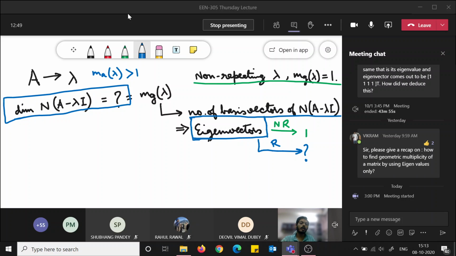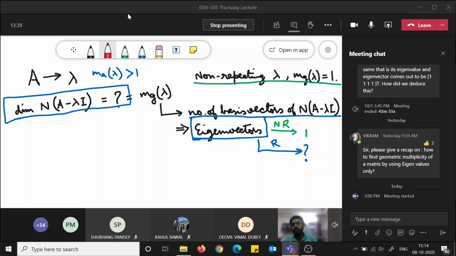If I have the algebraic multiplicity as 2 and the geometric multiplicity also as 2, that means the eigenvalue has 2 eigenvectors, and I am good, I don't have to find any additional eigenvectors. But if my algebraic multiplicity is 2 or 3 and I find that my geometric multiplicity is less than that value, then I have a problem.